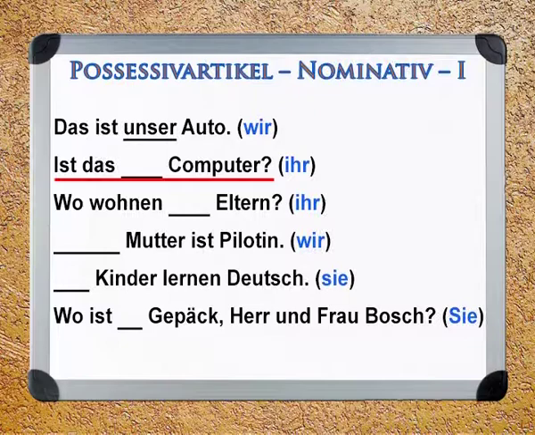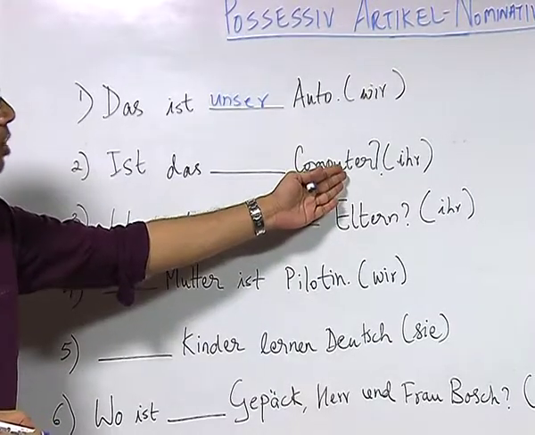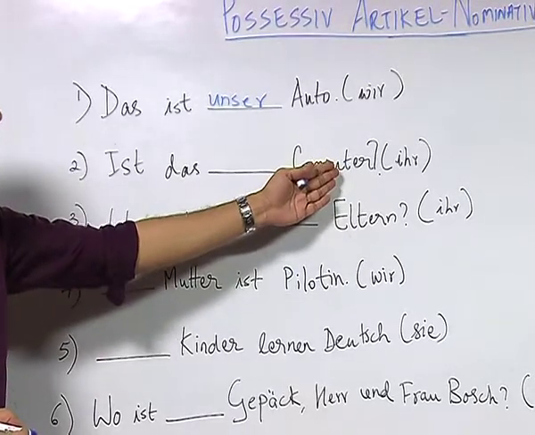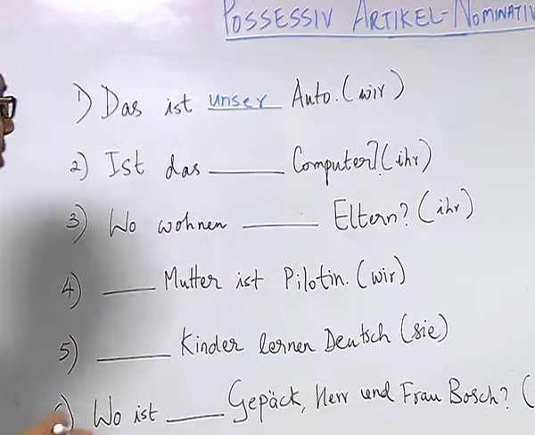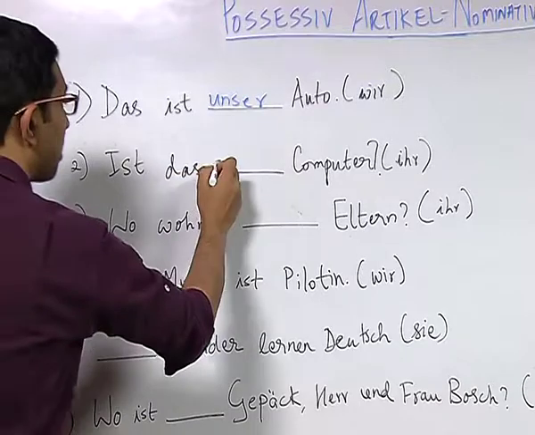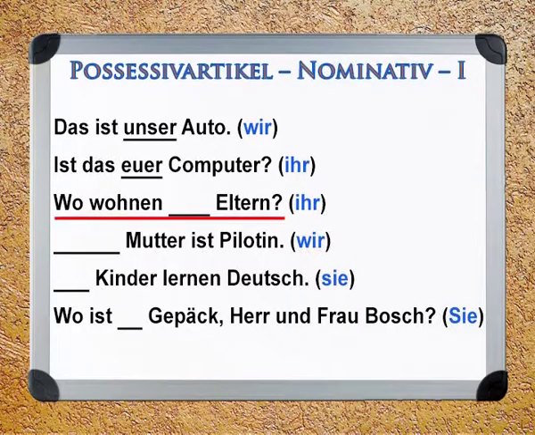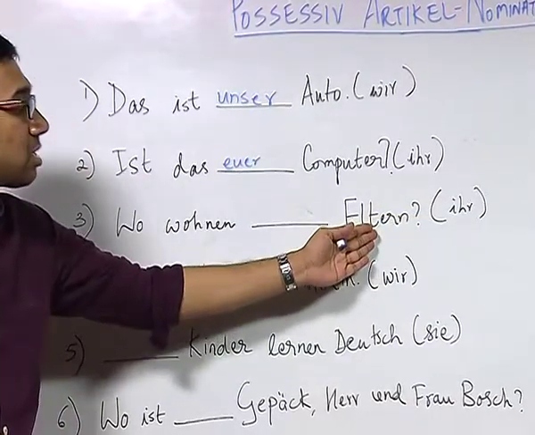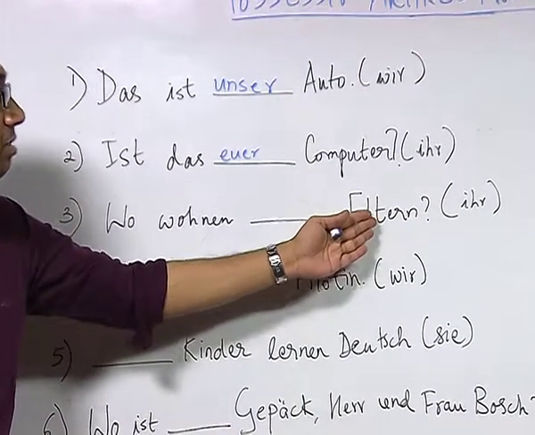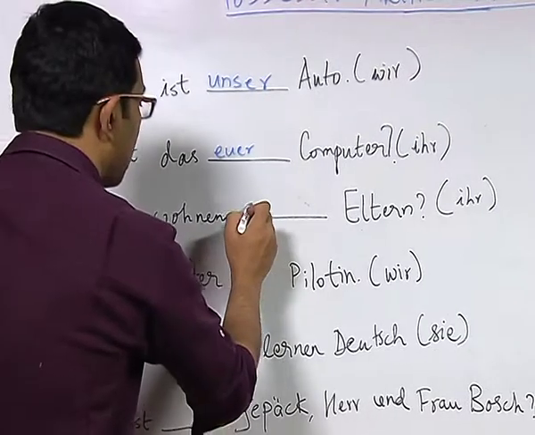In bracket we have the pronoun ihr, and we know that for the noun Computer, article is der Computer. So, we write here the possessive article euer. Now, for sentence number 3, wo wohnen Eltern?